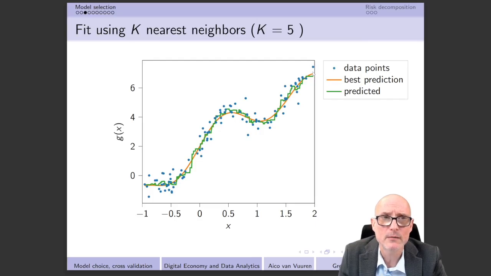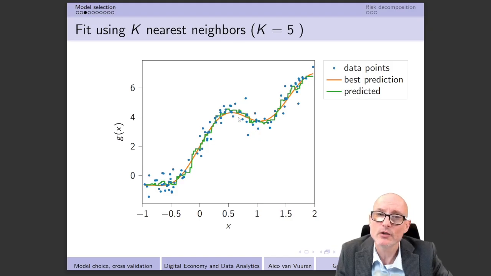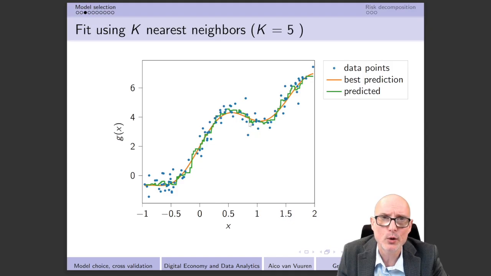But one thing that becomes clear here as well, even though the comparisons become more difficult because both of these curves are already quite close to the best predictor, is that the shape of this predictor that we have over here is becoming a little bit more erratic. We do see, for example, over here that it goes up and then it goes down again, at least if you zoom in, and here it goes down again.